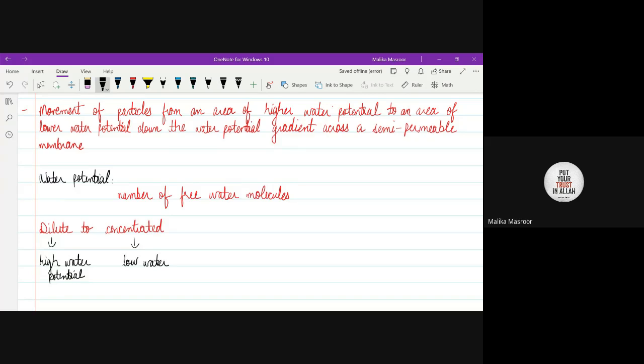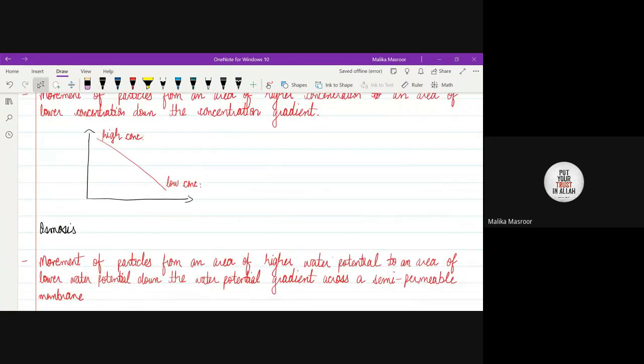So you can also say movement from a dilute solution to a concentrated solution down the water potential gradient. But across a semi-permeable membrane is very important. Don't forget this. Otherwise, there is no difference between diffusion and osmosis. In diffusion there was a concentration gradient; in this, you will have a water potential gradient.